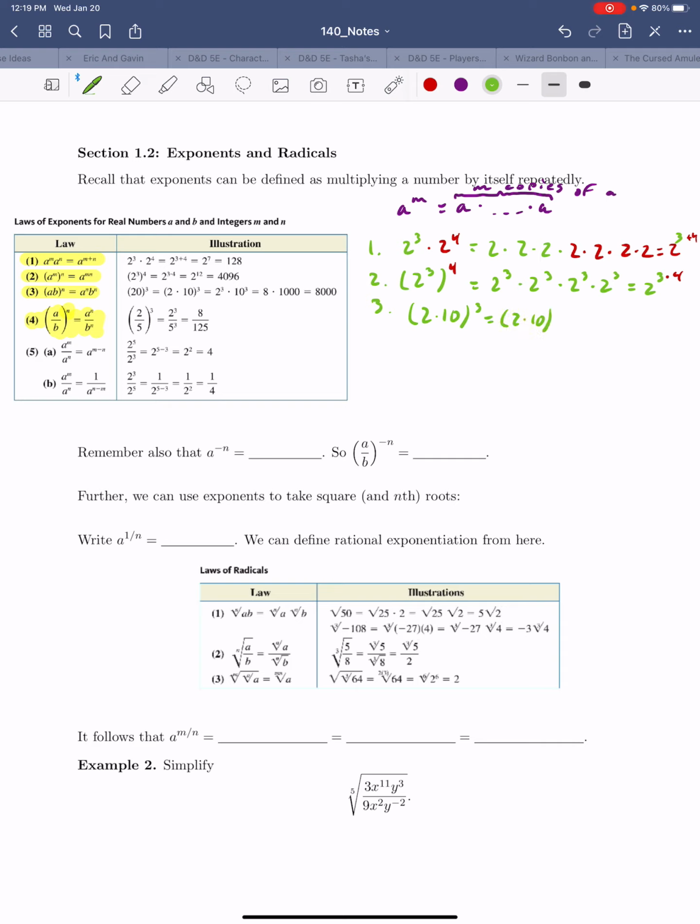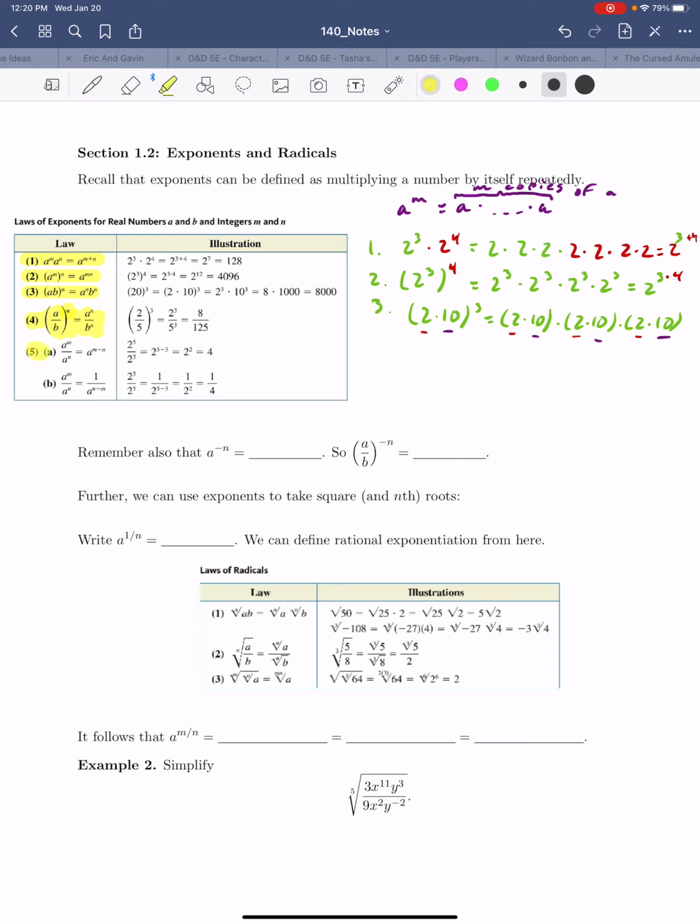That's 2 times 10 times 2 times 10 times 2 times 10. And so I think it's obvious then that there are 3 copies of 2 and 3 copies of 10. Okay. Number 4 is very similar. Just remember, exponent splits the fraction. It's beautiful.